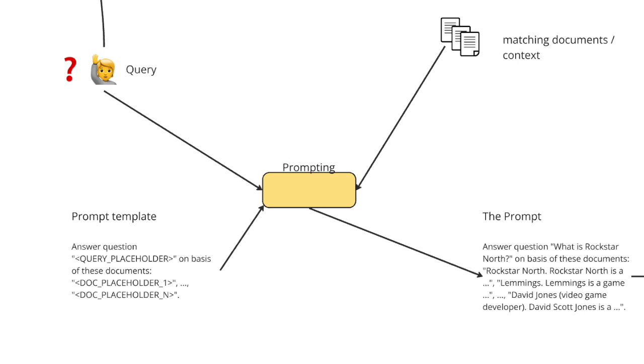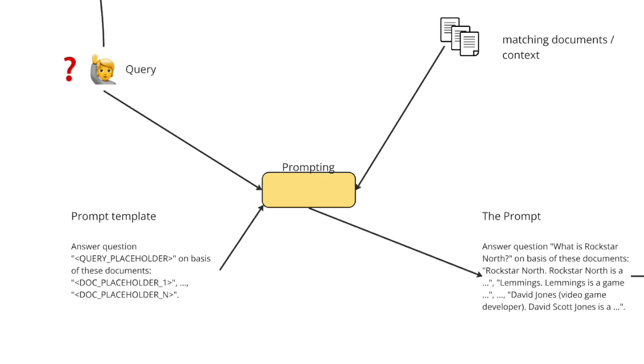In a more complex case, the prompt template could, for example, instruct the LLM to generate a new document on the basis of the found documents, a document that makes sense considering the purpose of the RAG application. But in any case, prompting begins with the matching documents, the user's query, and the prompt template.